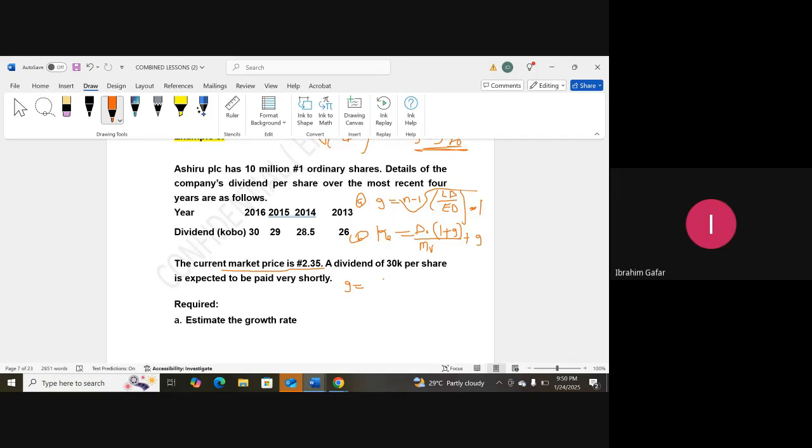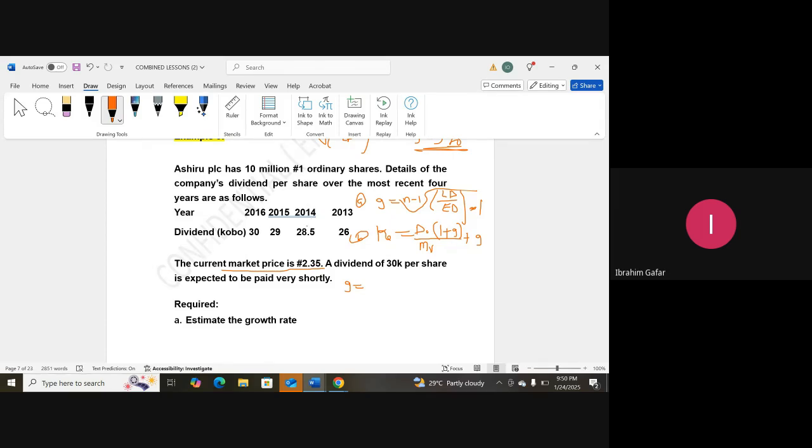Are you sure? They have given us 4 years, sir. They said the most recent 4 years are as follows. Okay, it's 4 years. The details of the company dividend per share over the most recent 4 years.